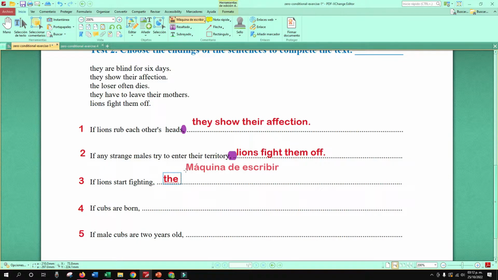Excellent. Perfect. Very good, right? Oh, there's loser, right? So if lions start fighting, the loser often dies. That's terrible, but that happened, right? So, condition, result. Excellent.